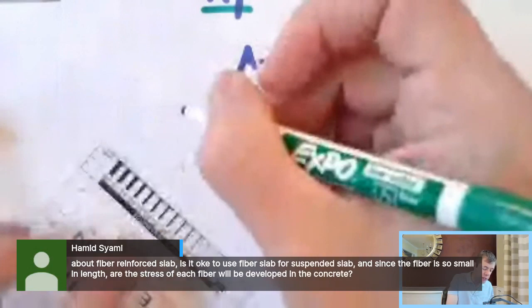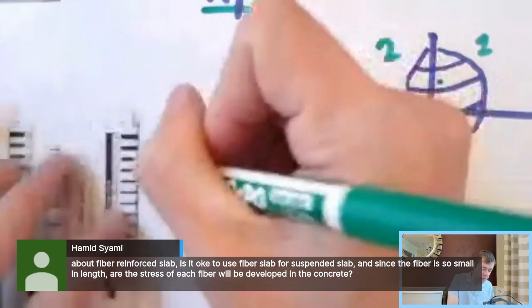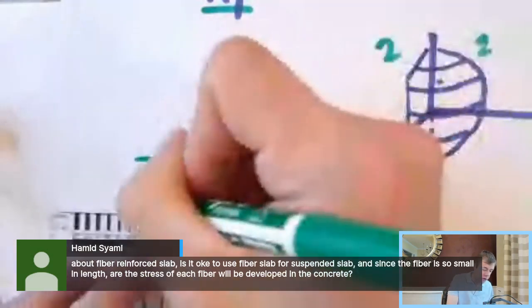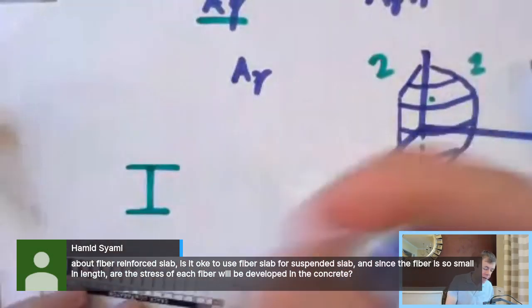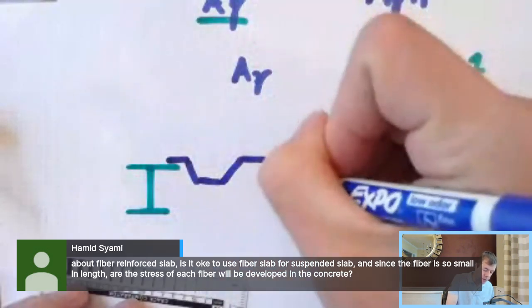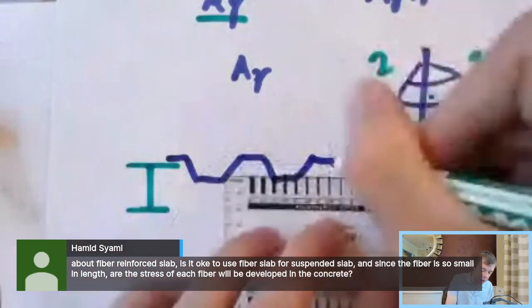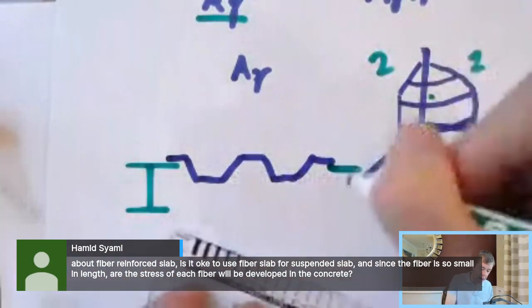So sometimes when you cast decks, they often do this on steel beams. So we'll draw some steel beams here, and sometimes we'll put some metal deck forms, and then I put another steel beam over here. So these things are actually made out of metal.